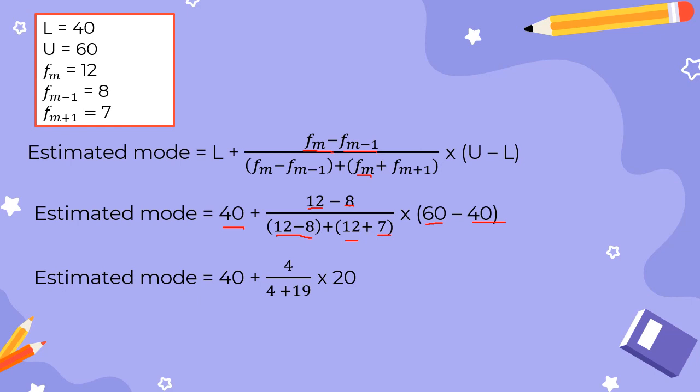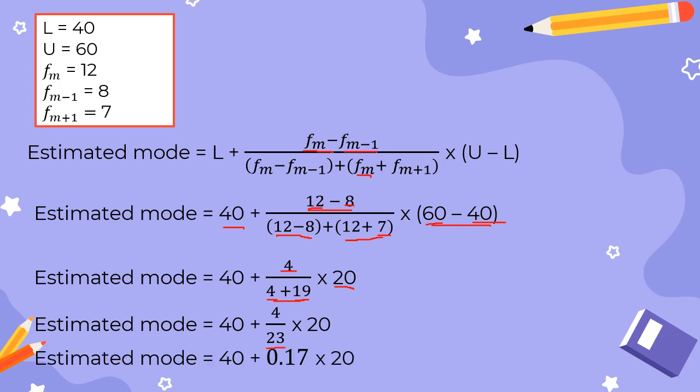So next, 12 minus 8, we have 4. And 12 minus 7, we have 19. And 60 minus 40, we have 20. Next, so 4 plus 19, we have 23. 4 over 23, just make it a decimal number, to 2 decimal places.